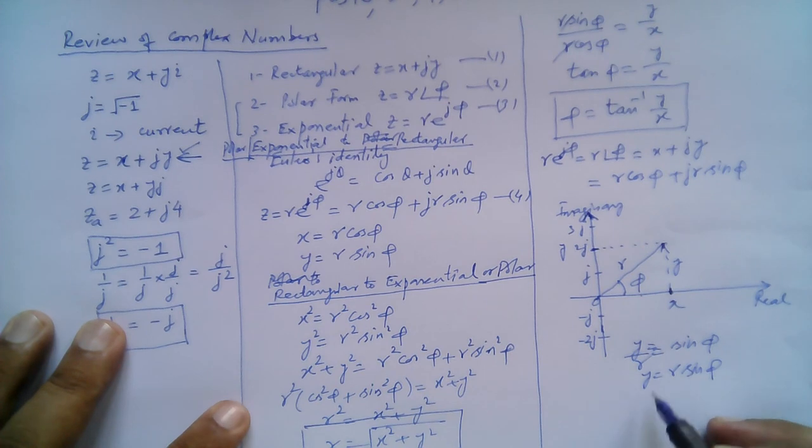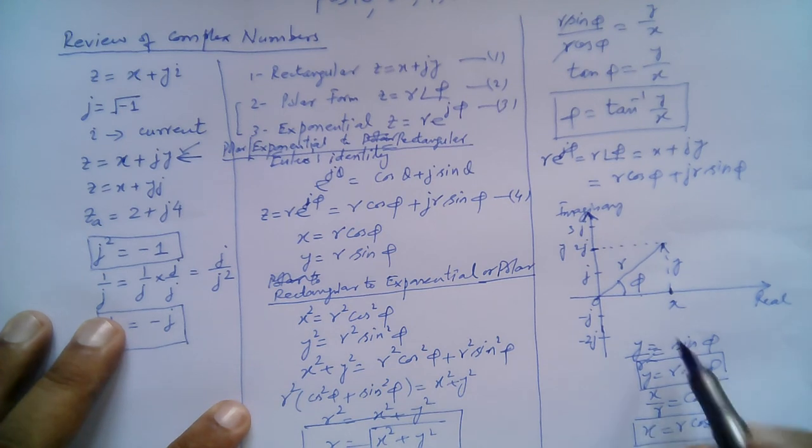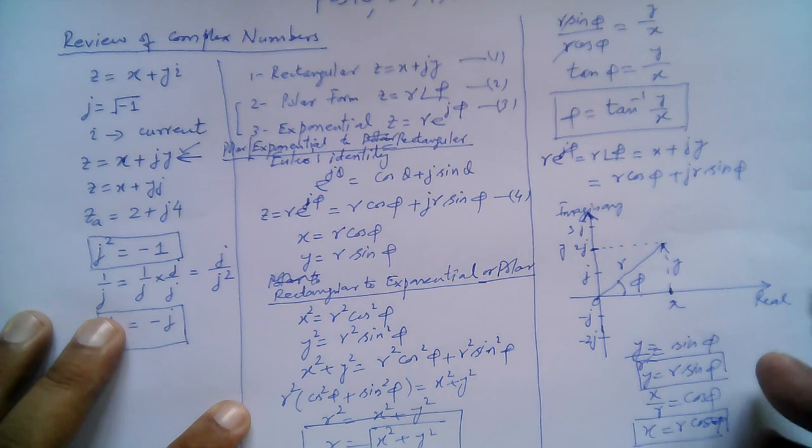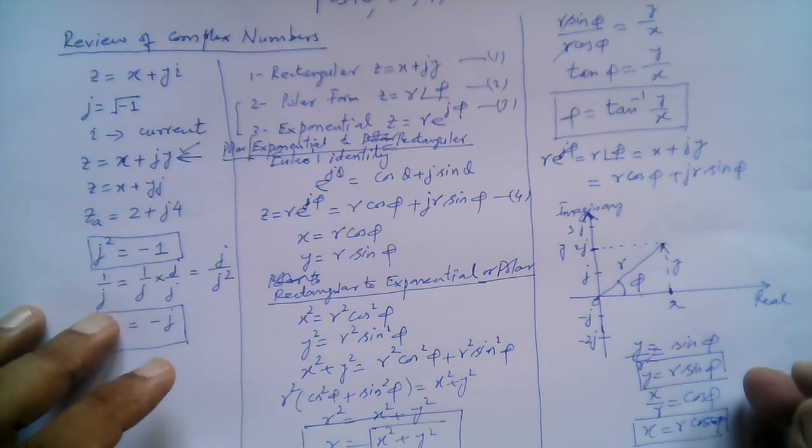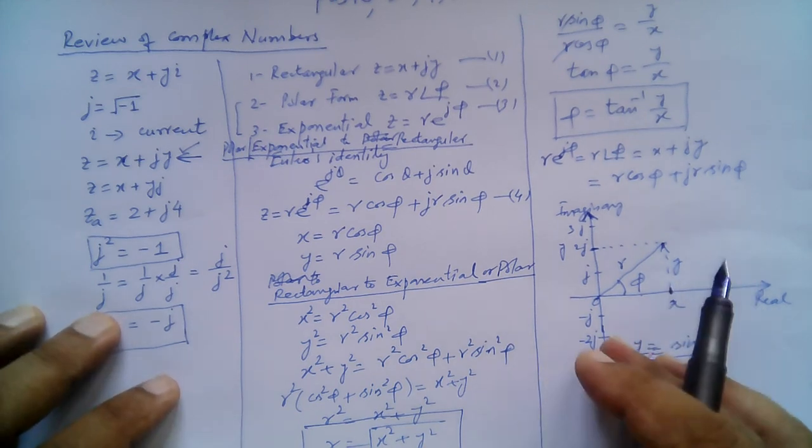Likewise, x over r is equal to cos phi, and we can say that x is equal to r cos phi. So given the polar form or exponential form, we can find the y component and the x component from the graphical representation also. So this concludes our review of the complex numbers.